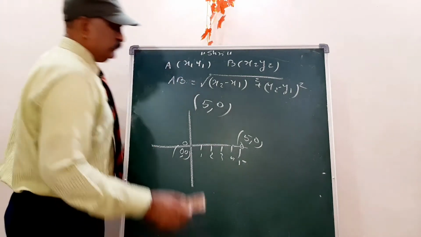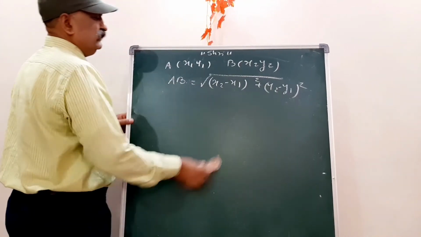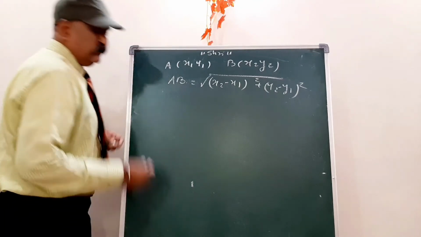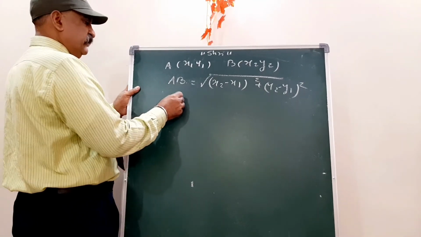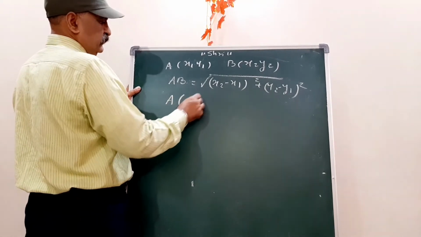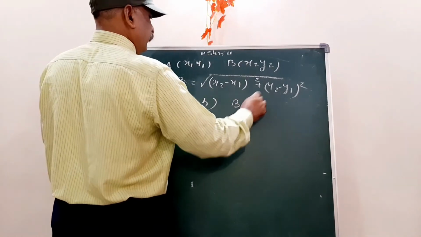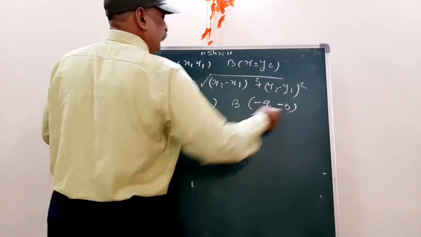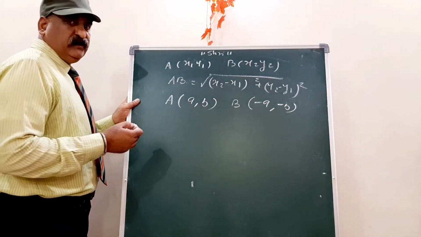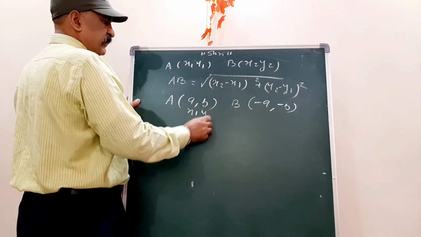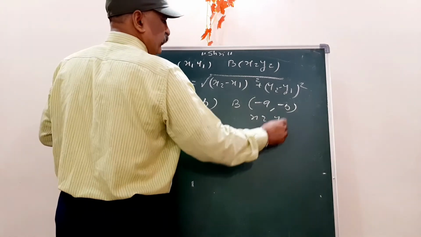Now again I am going to apply here the distance between 2 points. Now find the distance between these 2 points. A is (a, b), and B is (minus a, minus b). This is x1, y1. This is x2, y2.